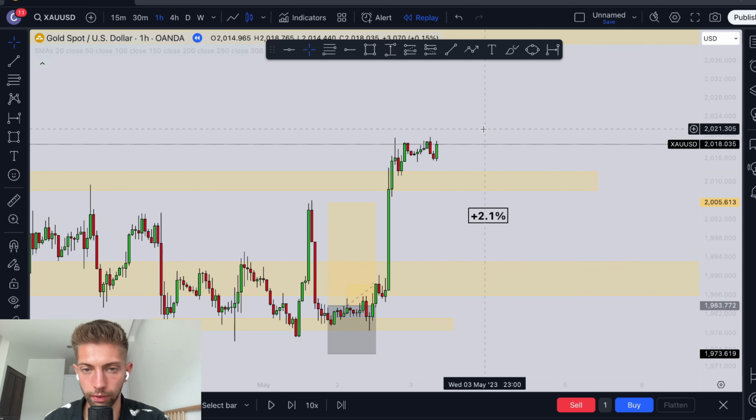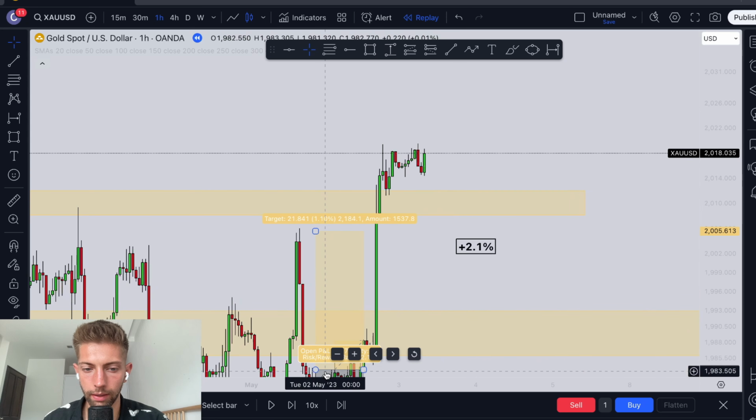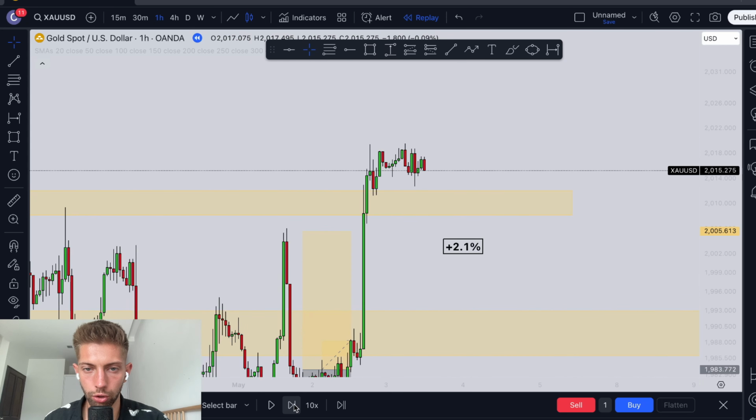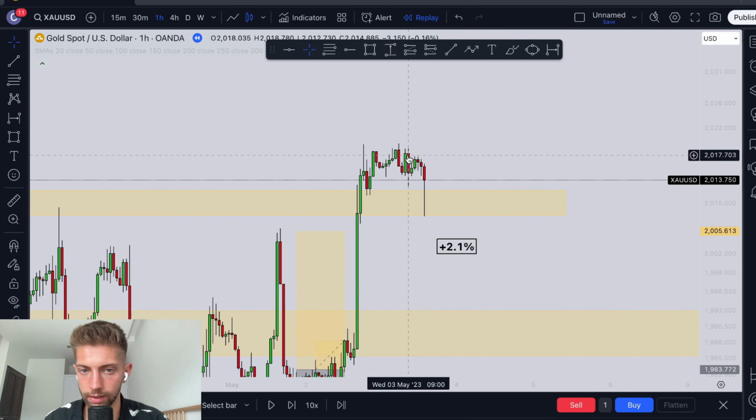This is an engulfing candlestick, but it's not on my key level, so I'm not taking it. I want to see a pullback to my key level, which we got right here, as you can see. If I take this entry without my key level, I wouldn't be stopped out.